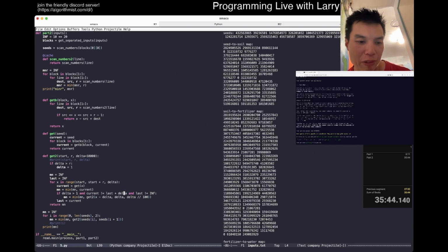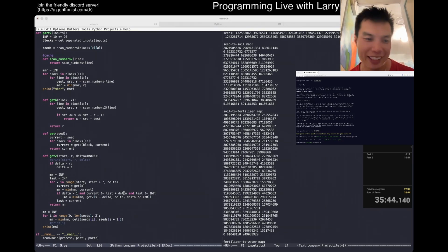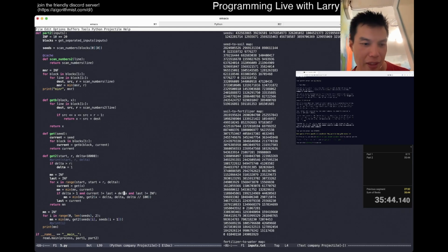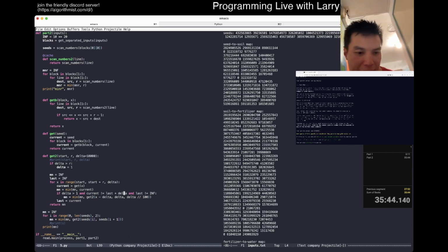So then now we do a recursion on a smaller delta, more refined delta to figure it out. But to be honest, some of it is just that I was a little bit lucky. I don't know that this worked for all inputs, at least not with these constants.